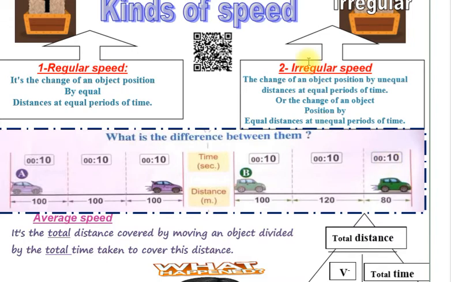So the definition of irregular speed: we can change the position by unequal distances at equal periods of time, or by equal distances at unequal periods of time. So the definition all in one: the change of position by unequal distance at equal periods of time, or the change of position by equal distance at unequal periods of time.